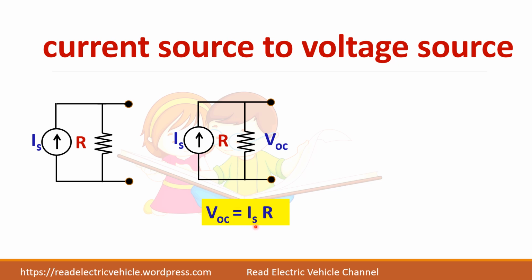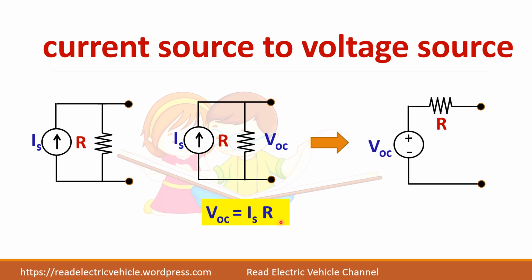So VOC is equal to Is into R. So this can be converted into voltage source like VOC here, and resistance should be in series. Same resistance. So if you see some example, you will understand how we are converting.